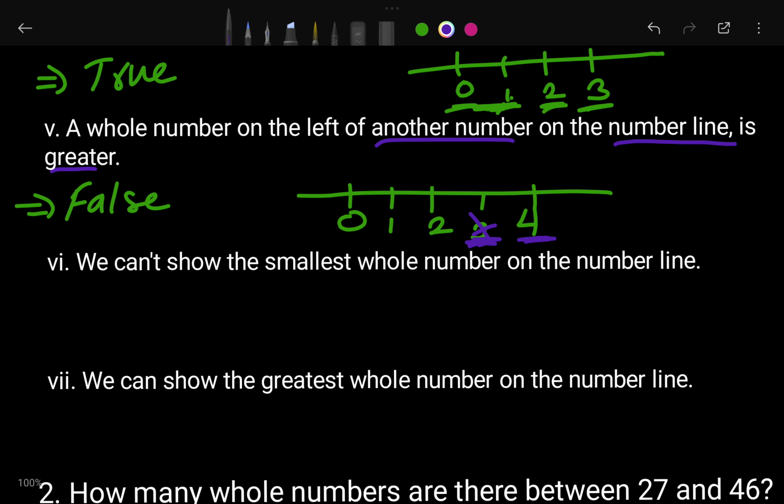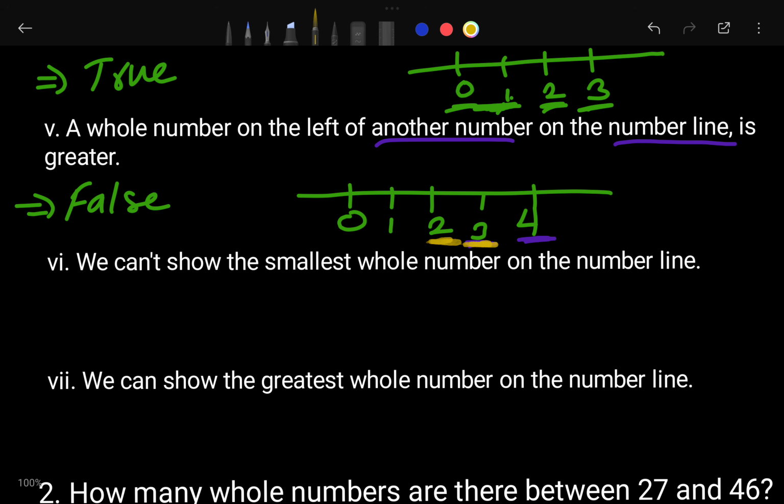If you see the 3 also, the left side of the 3 is 2. Is 2 greater than 3? No, 2 is not greater than 3. 2 is smaller, 3 is greater, so this also is wrong.